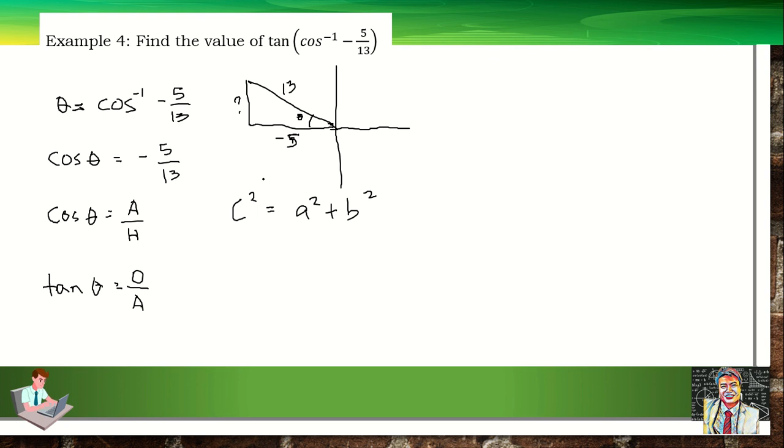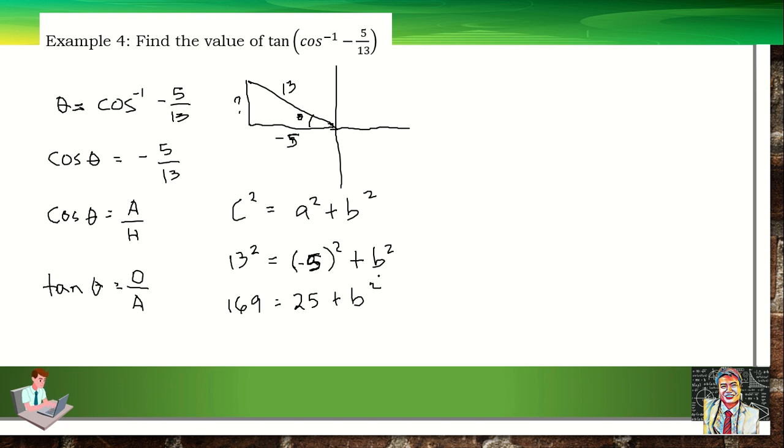Wherein c natin is 13, so 13 squared is equal to a natin is negative 5 squared plus b squared. So 13 squared is 169, is equal to 25 plus b squared.